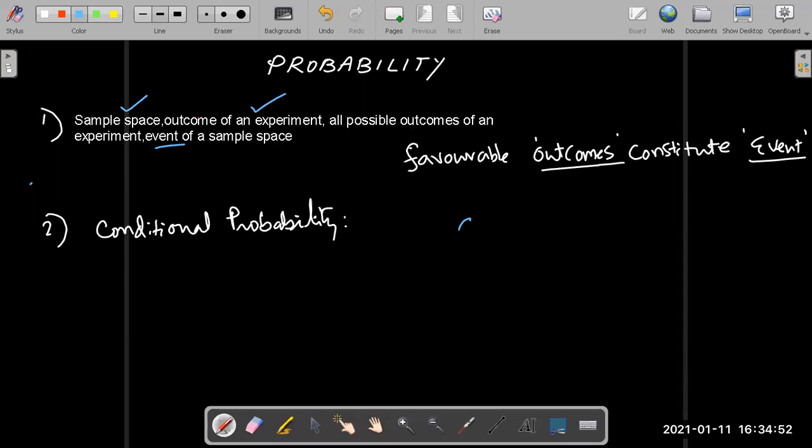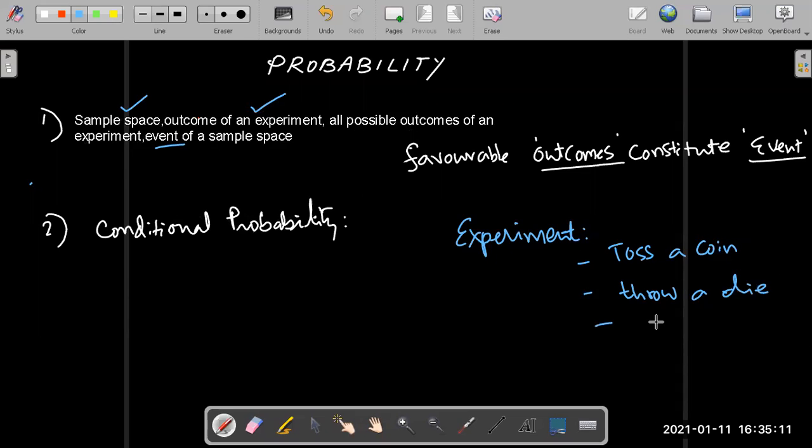Experiment is something like, for example, we toss a coin. You can toss it one time or two times or three times, or throw a die or a pair of dice. All these we can call statistical experiments. These are not physics or chemistry experiments. These are called statistical experiments.